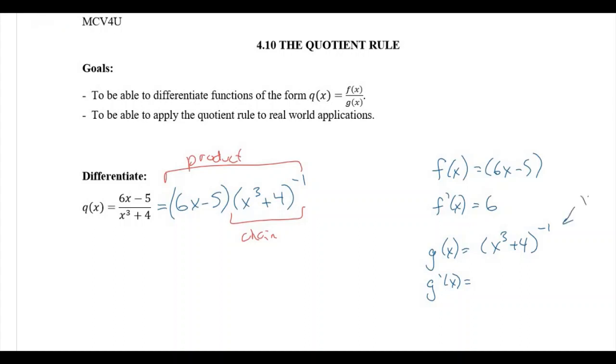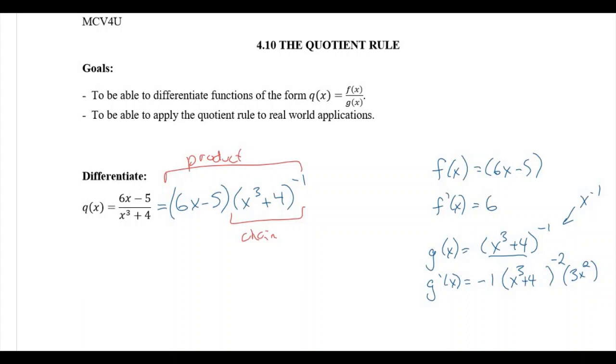The outside would be x to the negative 1, so that's negative 1 times x to the negative 2. Instead of x, we leave the inside part the same, x cubed plus 4. Then we multiply by the derivative of the inside function, which is 3x squared. And plus 4 is a constant, so that goes away.